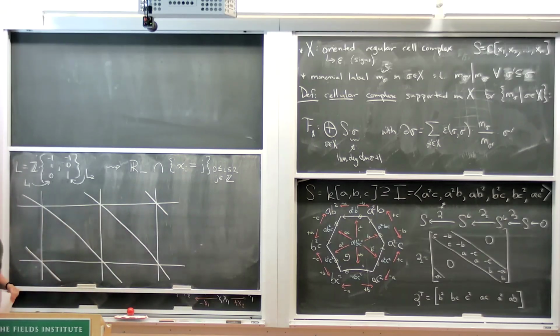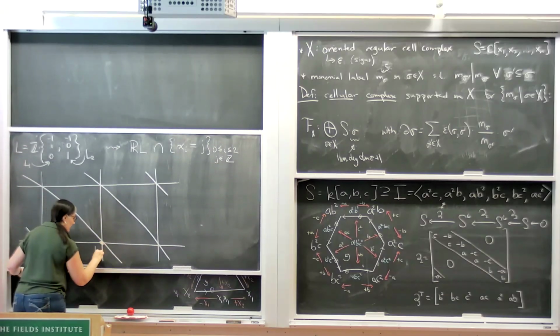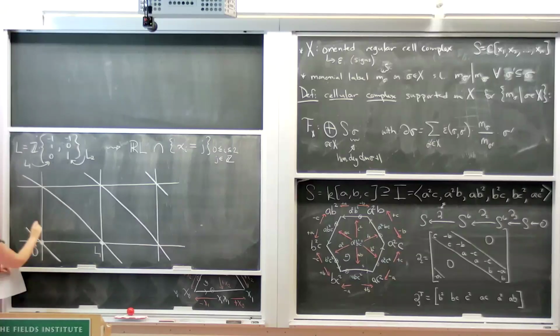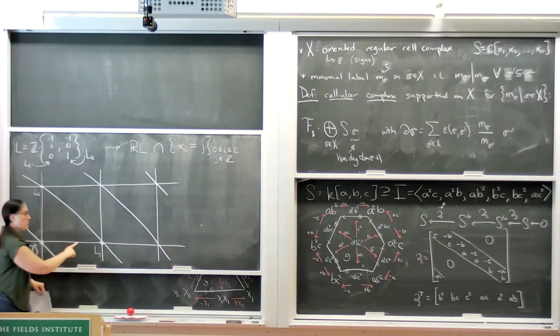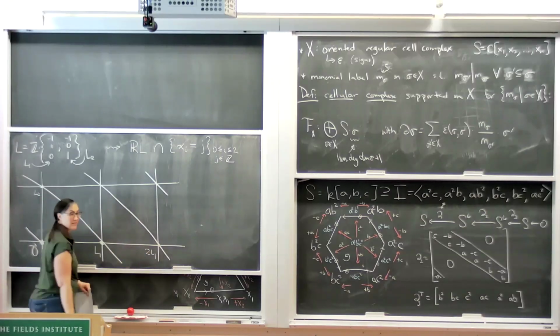Okay. So this is going to be my origin. Remember, this is in Z3, so this is 0, 0, 0. This is L1. This is L2. Okay, so this point is 2 times L1.